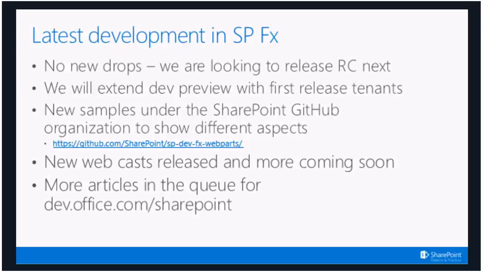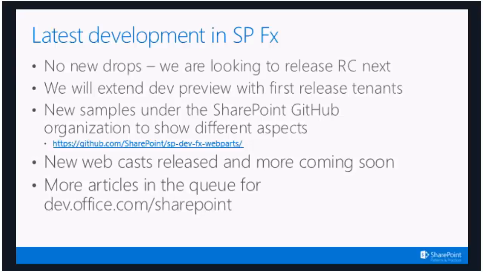Cool. The other thing that will happen is that we are opening up the developer preview also for first release tenants. So you will be able to start using the SharePoint Framework if you are using a tenant which has the first release tag enabled. There will be warning signs and message posts in the tenant messaging center, and we clearly want to make sure that people understand that it's still a developer preview.